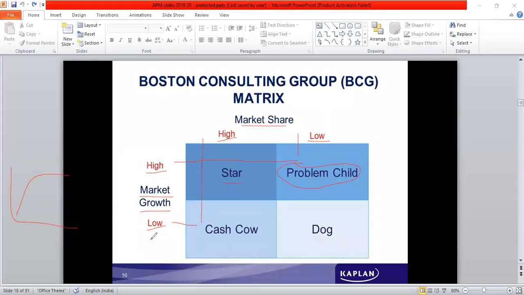The chance to grow is low. They must have already touched the saturation point, and what follows next is decline. In that situation, there is no future scope, but at present they can generate cash flows because they have already captured the market. They have a good customer base, and many customers are their regular customers. Therefore, as of now, they can generate cash flows. Such an entity is called cash cow.